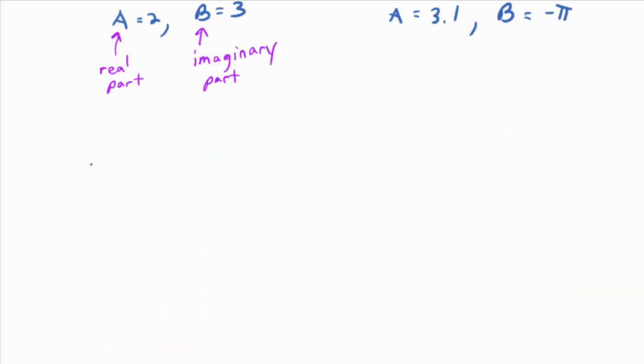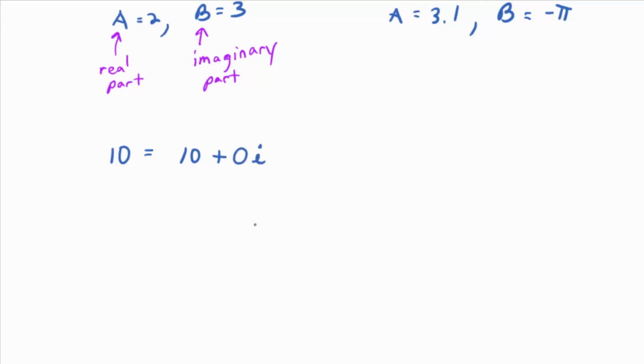What if I gave you the number 10? First of all, is the number 10 a complex number? So the real question then is, is a real number a complex number? Well, what if I did this? 10 equals 10 plus 0 times i.